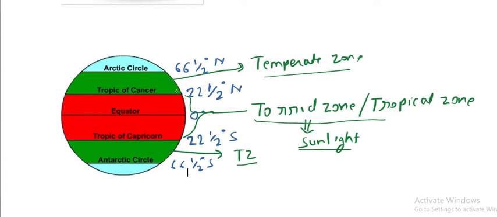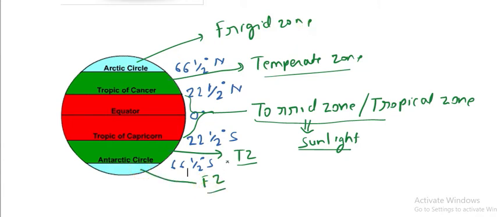The zone beyond the Arctic Circle is called the frigid zone, and similarly this one is also called the frigid zone. So these are a few important climatic regions of the earth based on these important latitudes.